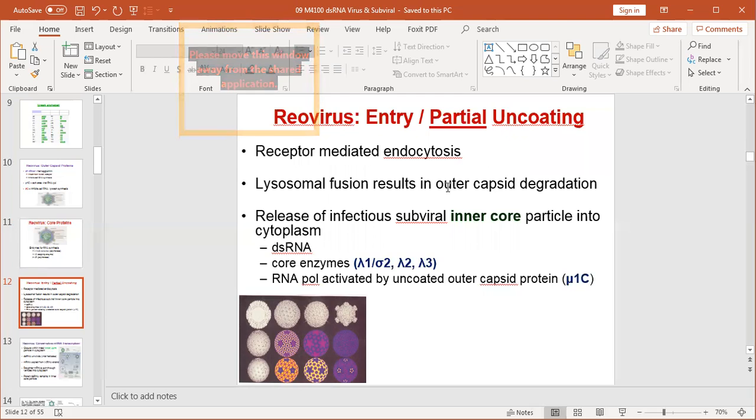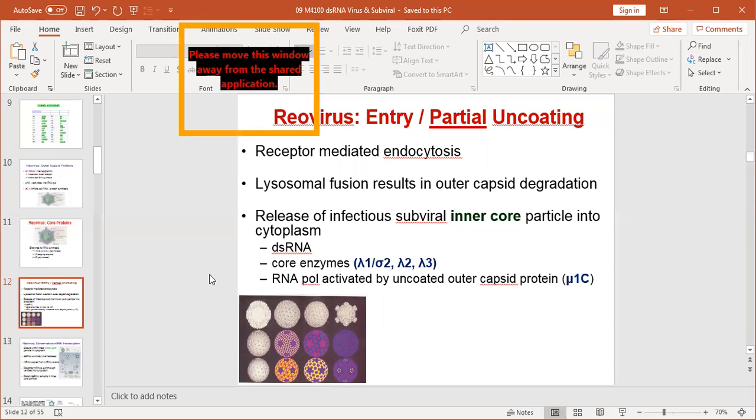Once it's degraded, the infectious subviral inner core particles will be released from the lysosome into the host cell cytoplasm.